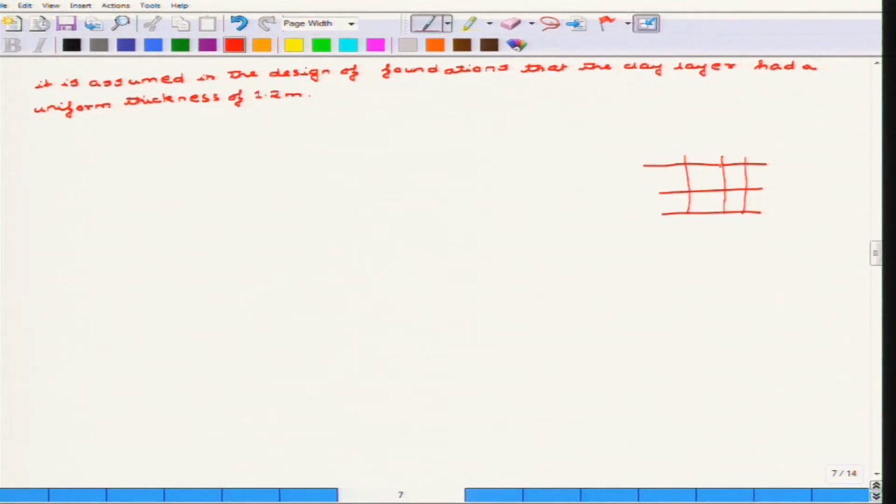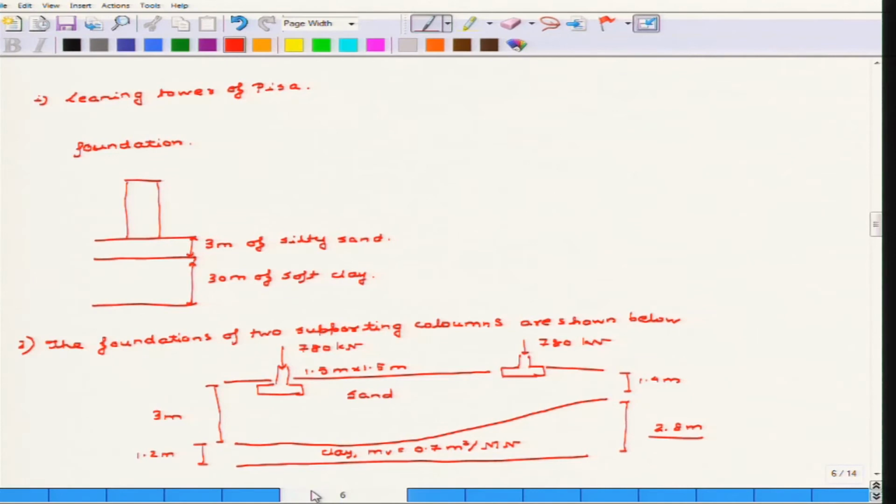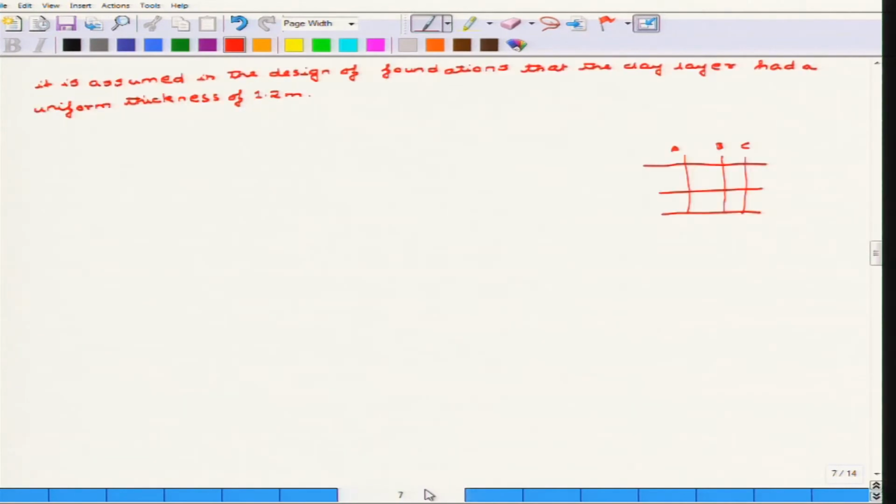So, let us say a point A, point B, a point C. In these cases you will know whether the different layers below are actually of uniform thickness or not. In this case it was one of the faulty constructions, because the clay layer was assumed to be uniform, of thickness 1.2 meter.